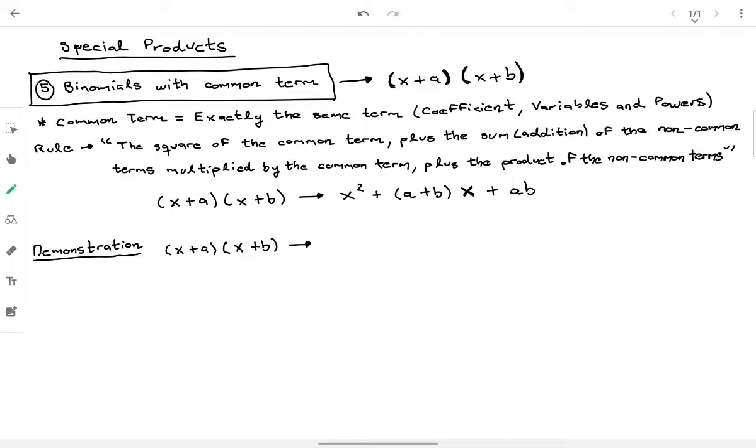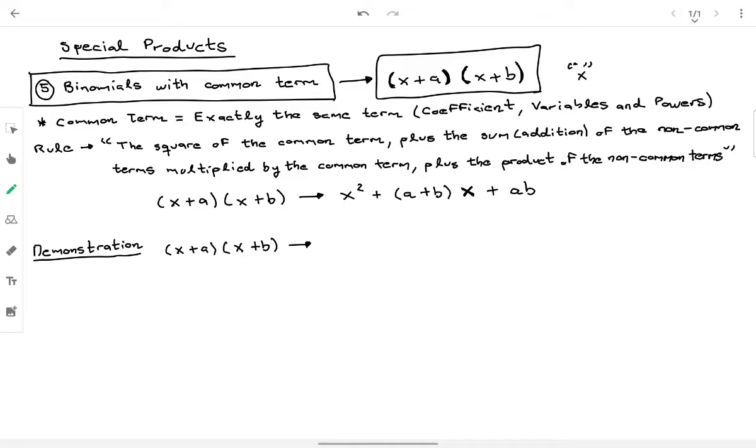So in this case, binomials with common terms will be something like this: x plus a multiplied by x plus b. That means the common term in this case is x. So the rule for doing a binomial with common terms is the square of the common term plus the addition of the non-common terms multiplied by the common term plus the product of the non-common terms.